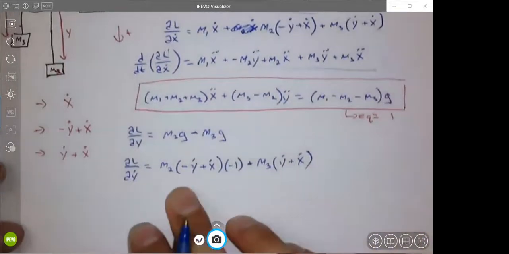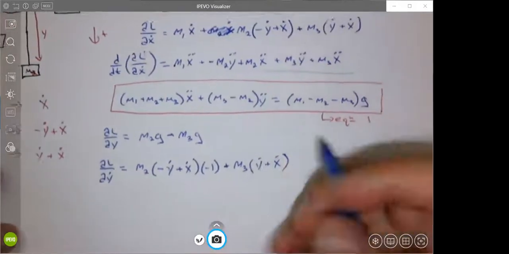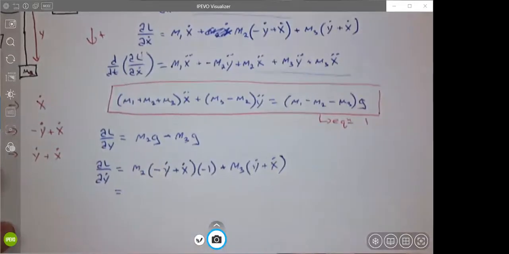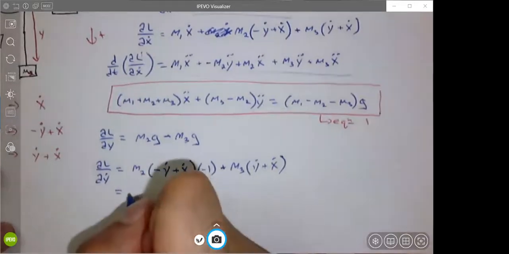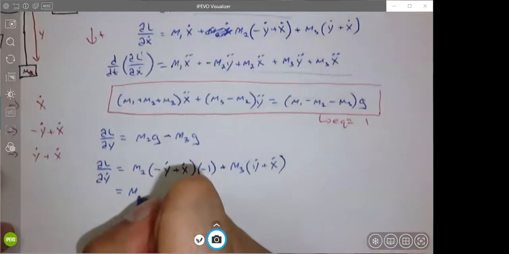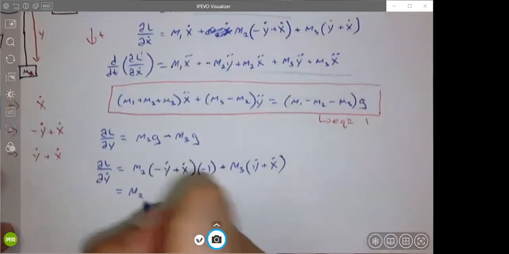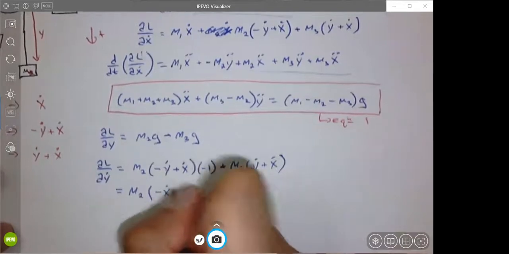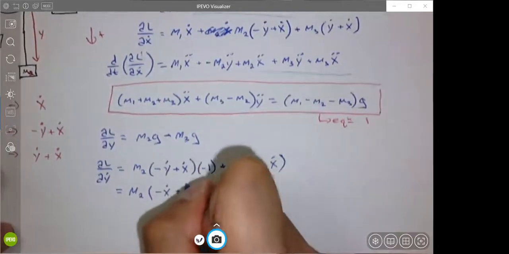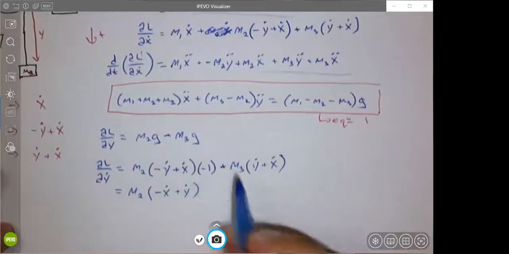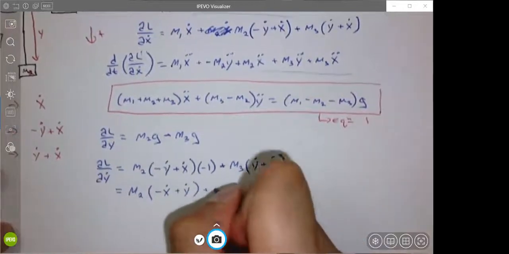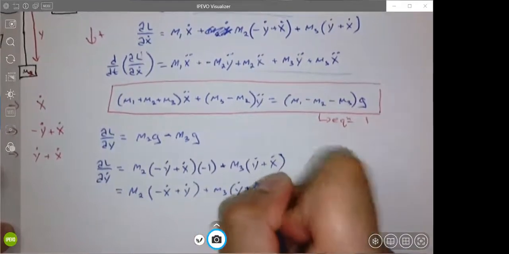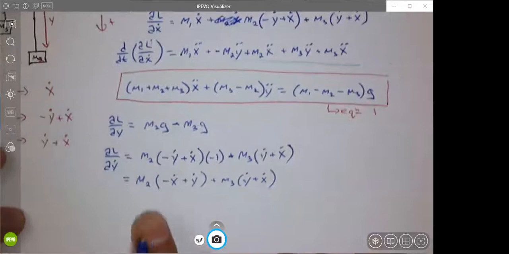All right, and then we can clean this up a little bit. And actually, do we want to do that? Yeah, I guess it's a good idea to be consistent here. So we'll end up with m2 parentheses negative x dot plus y dot when you distribute the negative into here and here, plus m3 y dot plus x dot. All right. We have this.